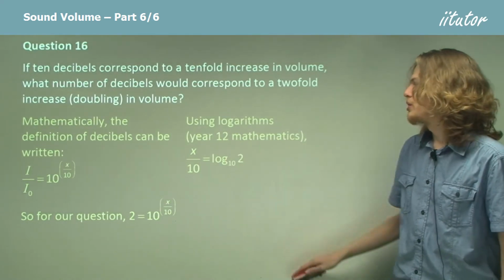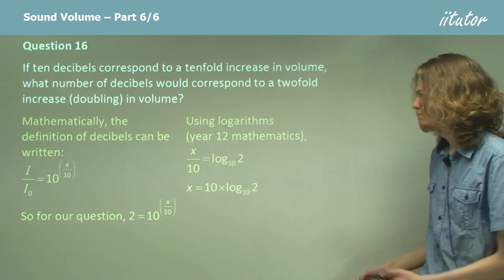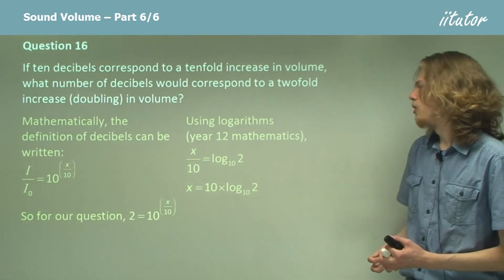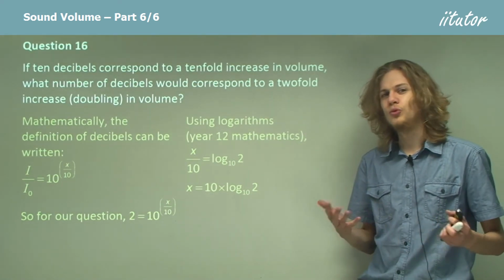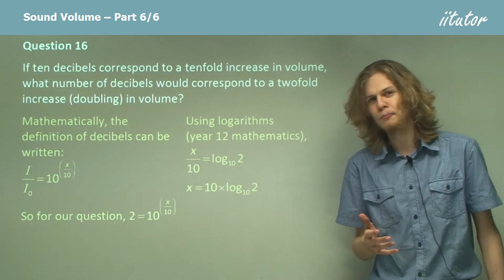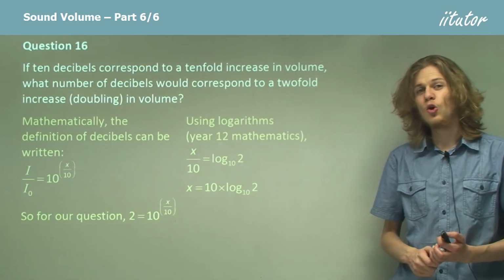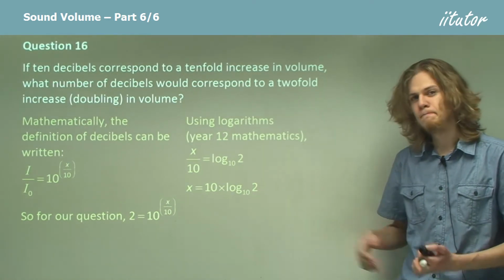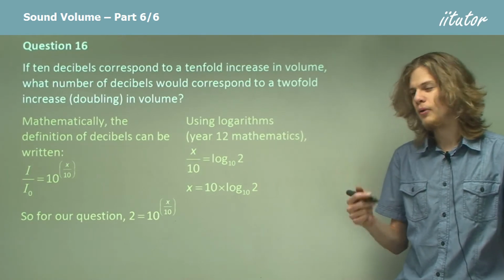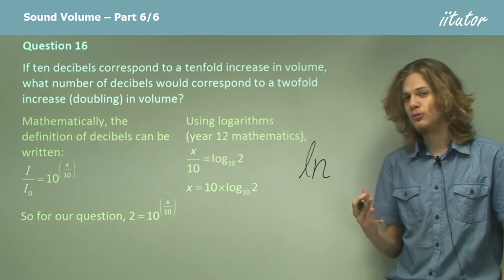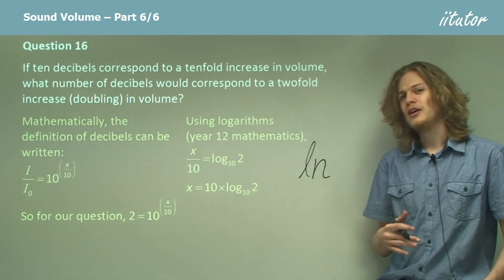Before we do that though, we can multiply both sides by 10, make it a bit easier for ourselves. And it turns out that there are a whole number of rules and identities that we can use with logarithms, but we don't really need to get into those right now. If you use the log button on your calculator, by default it's set to log base 10. There's another log button called ln, which means the natural log, but that has a base that isn't 10.